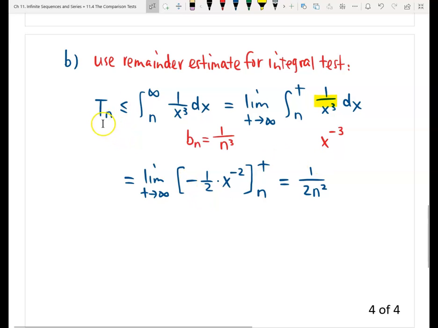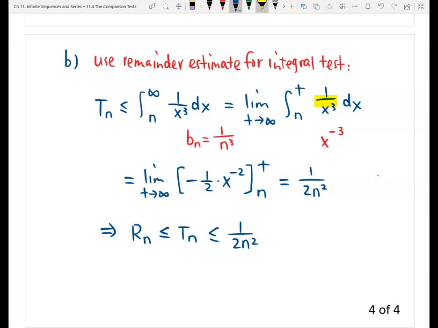We already control the remainder for the B series, and therefore we can control the remainder for the A series, which is the series we are working with. That is the major result. Tn is controlled by 1 over 2 times n squared.